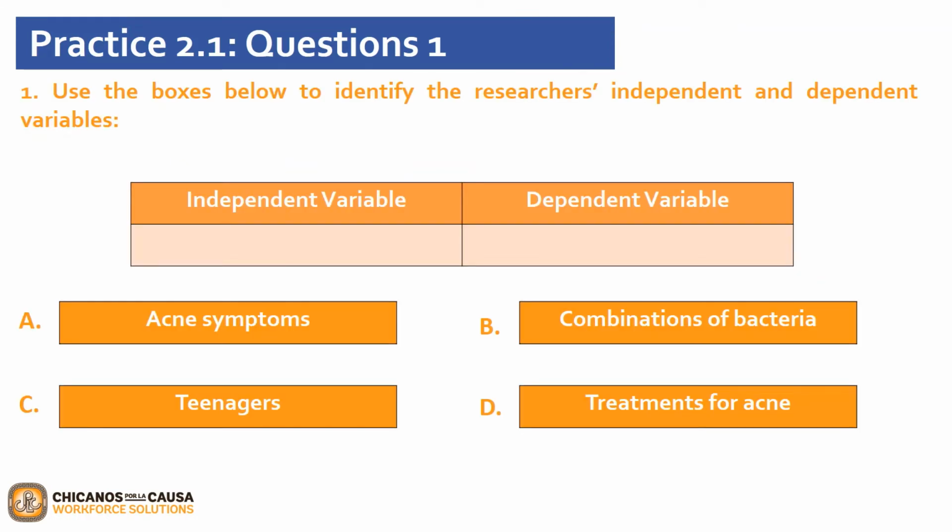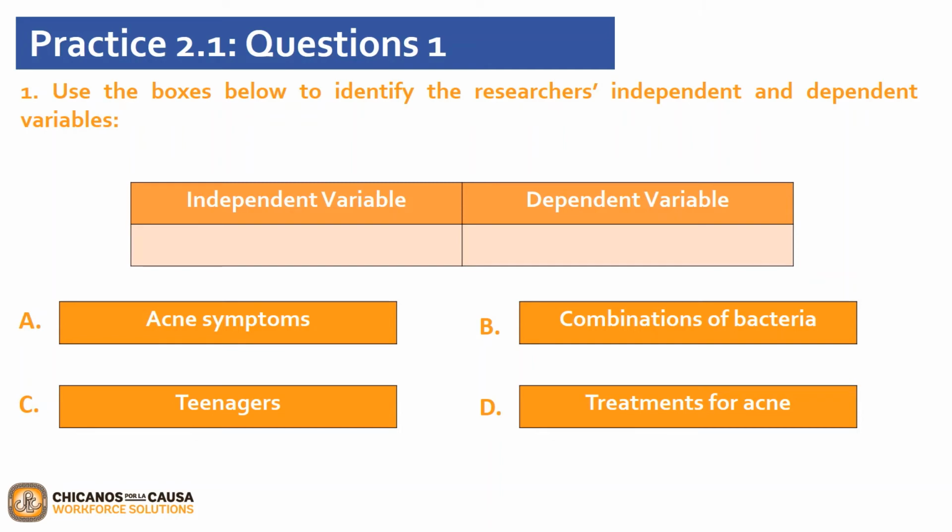Okay, now we've read the passage, so let's put what we know to a test. We're going to use the boxes below to identify what the researchers consider to be the independent and dependent variables within the passage itself. As a reminder, the independent variable is a factor that is believed to be affecting the phenomenon, and the dependent variable is the phenomenon itself.